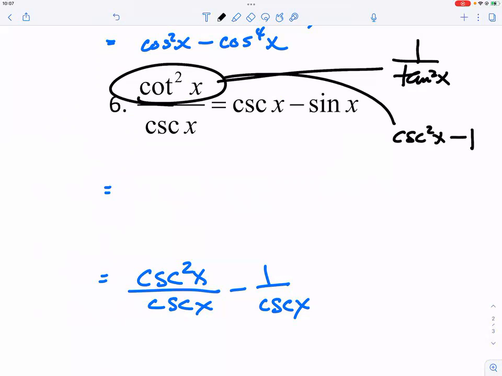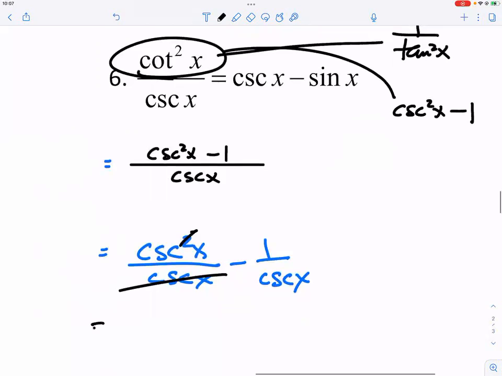And what's the signal that tells you the bottom one is a better choice? This is subtraction, right? So we're going to do the subtraction one. And if you have a subtraction and then you have a common denominator, that's how you can split them. And that's how you can get cosecant x minus sine x.